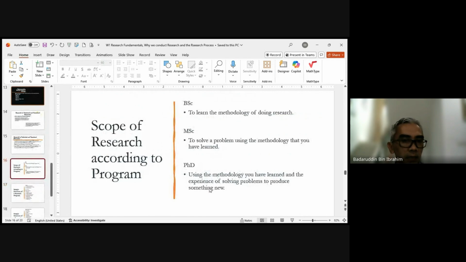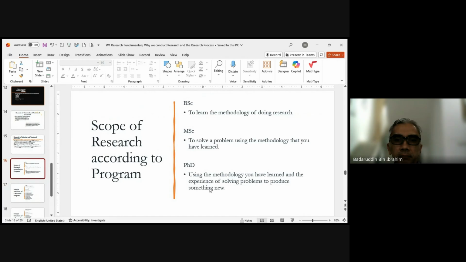And then this is the difference. I just want to try to differentiate the level of research between bachelor degree, master of science, or PhD.